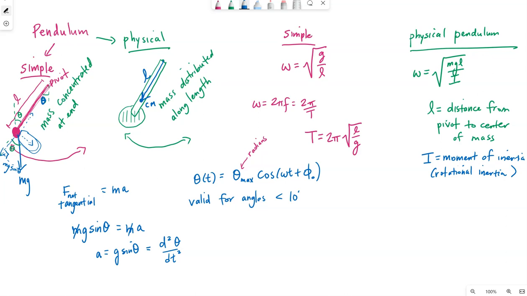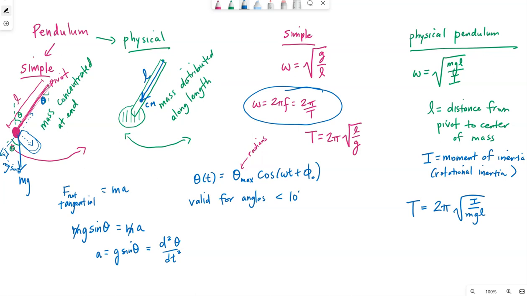And I, in turn, comes into play in the angular frequency. We could write the period of a physical pendulum using these same relationships of omega is 2 pi f or 2 pi over T. That's a general relationship. We would get the square root of I over mgL.